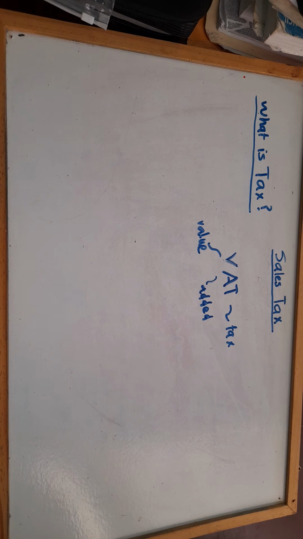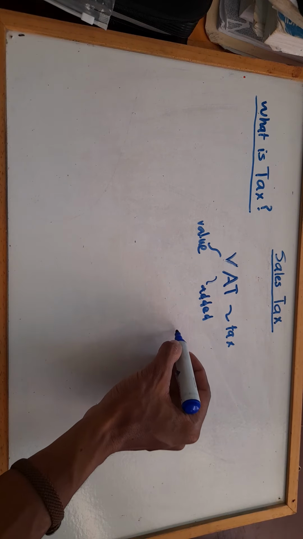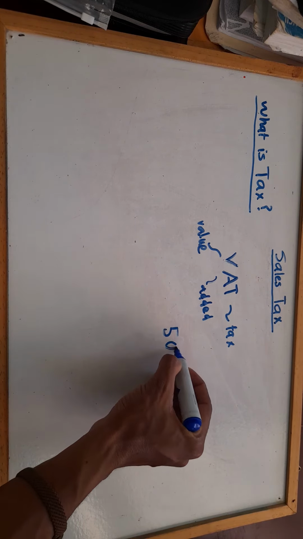This is a portion of money added on to items in stores that they would have to give to the government. So we were dealing with a chair set, and a chair set costs $500.